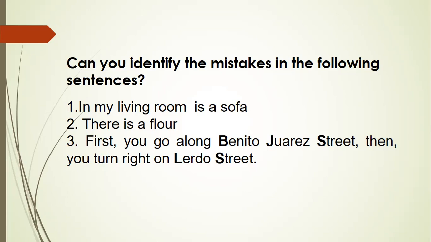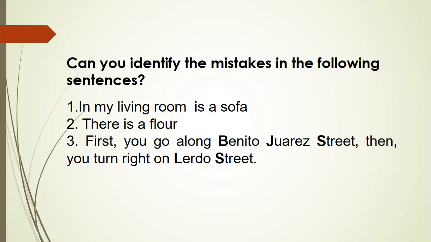Y vean, en esta oración yo tengo un sujeto. ¿Cuál es el sujeto? You. You go along Benito Juárez Street, then you turn right on Lerdo Street. Entonces, ¿qué pasa? No necesito el you. Simplemente digo, first, go along Benito Juárez Street, then turn right on Lerdo Street. Simplemente sin el you. ¿Sí?